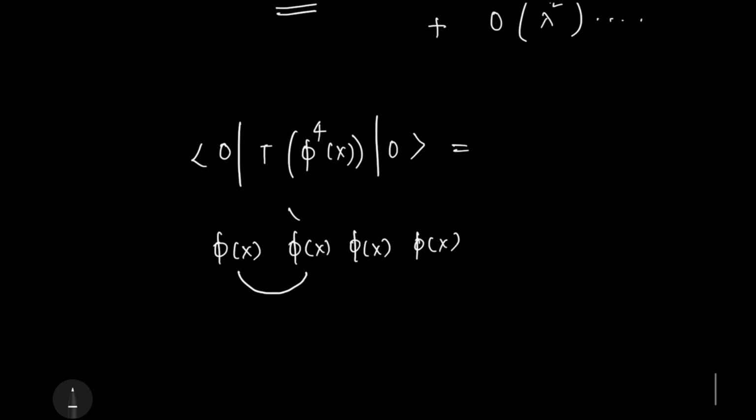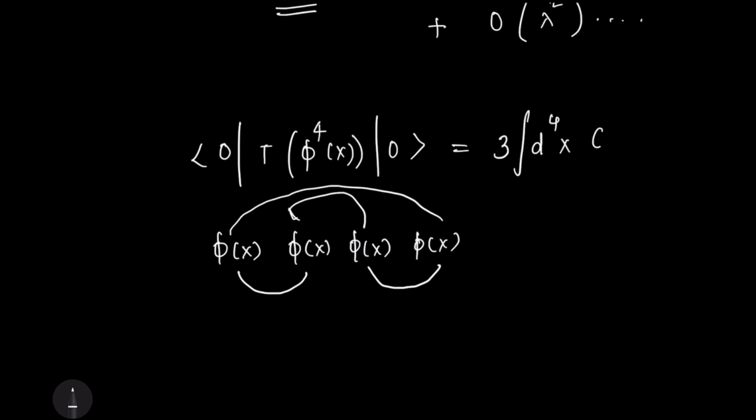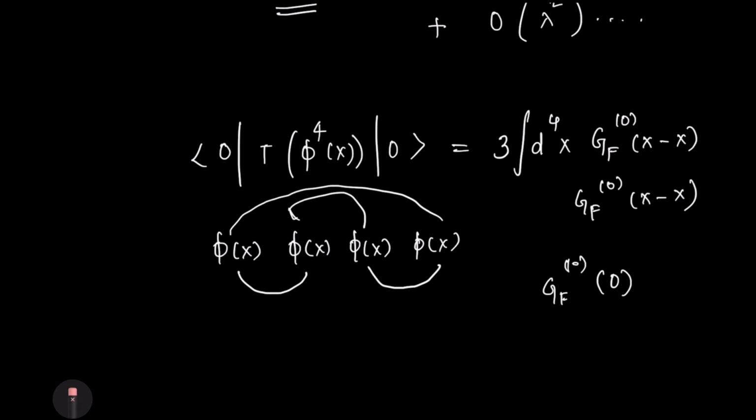I can pair these two, then I can pair these two. So I can write this combination as 3 times integral d4x G_F(x minus x) G_F(x minus x), or I can also write this as G_F^0(0) whole squared, because x minus x is 0. I can also represent this as 3 integral d4x G_F^0(0) squared. So this is how I apply Wick's theorem.